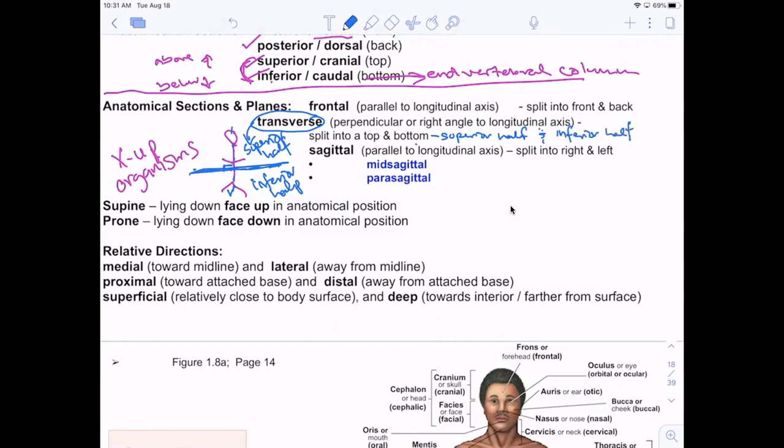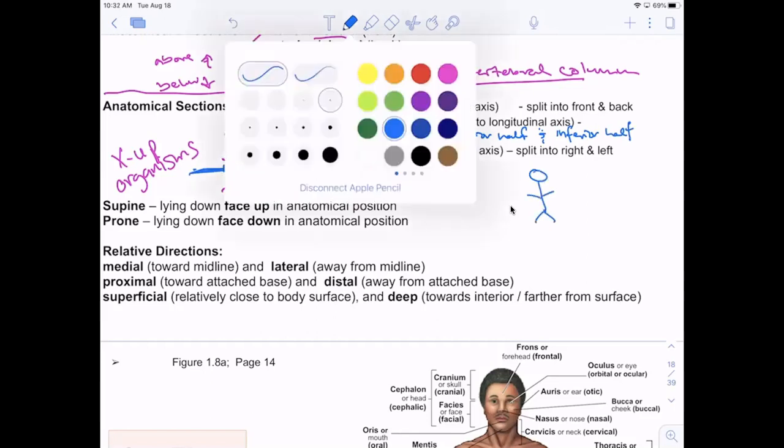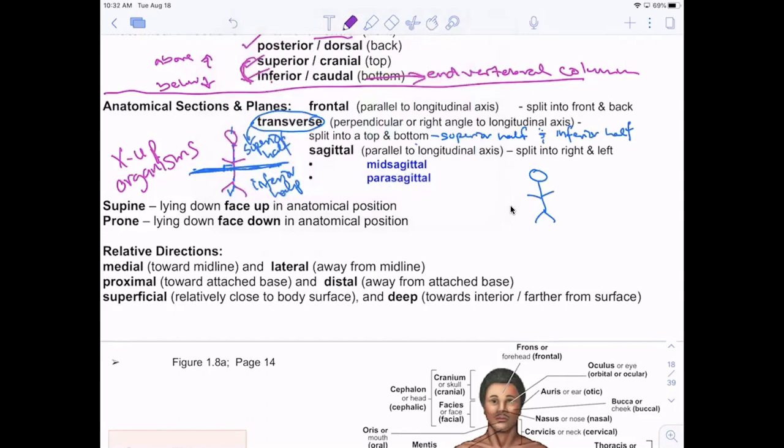Now, if you take an organism and you want to split it into a sagittal section, which would be here, you are actually going to then split it right here, and you then split into a right half and a left half.